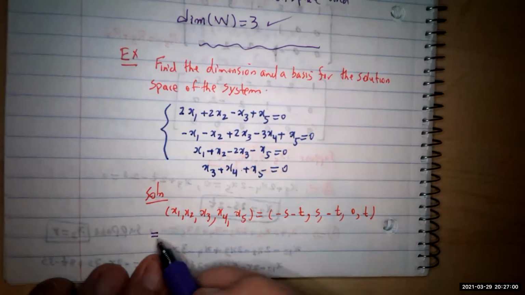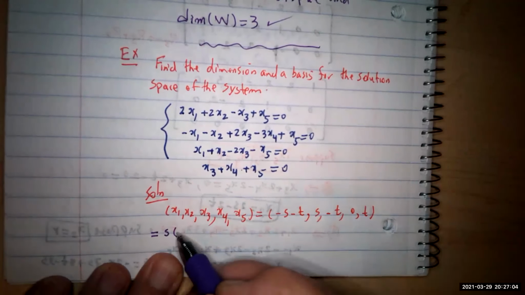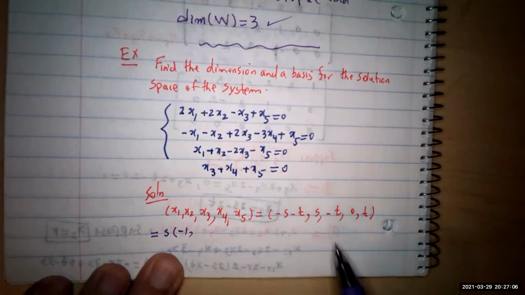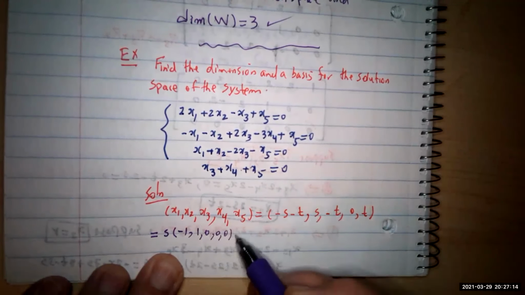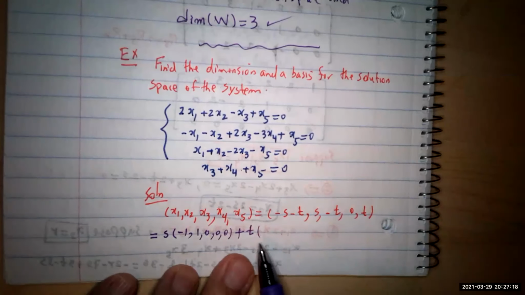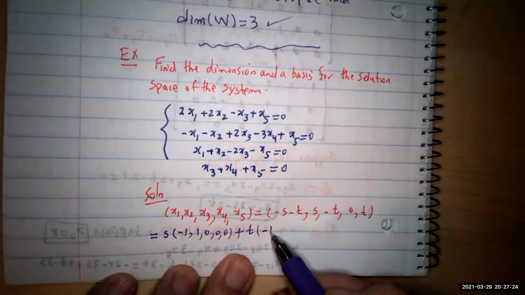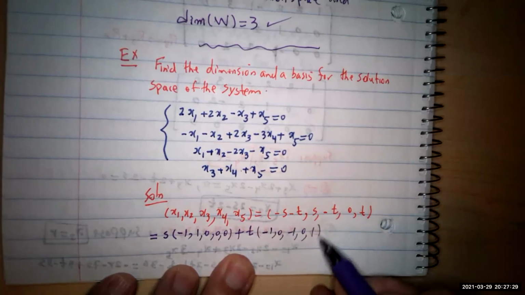For example, you can take out the s, so you like the s, you don't like anything else. Replace s by 1, so that gives you -1, 1, 0, 0, 0. Then pull out the t, so you like the t, replace the t by 1, anything else by 0, so that gives you -1, 0, -1, 0, and 1.